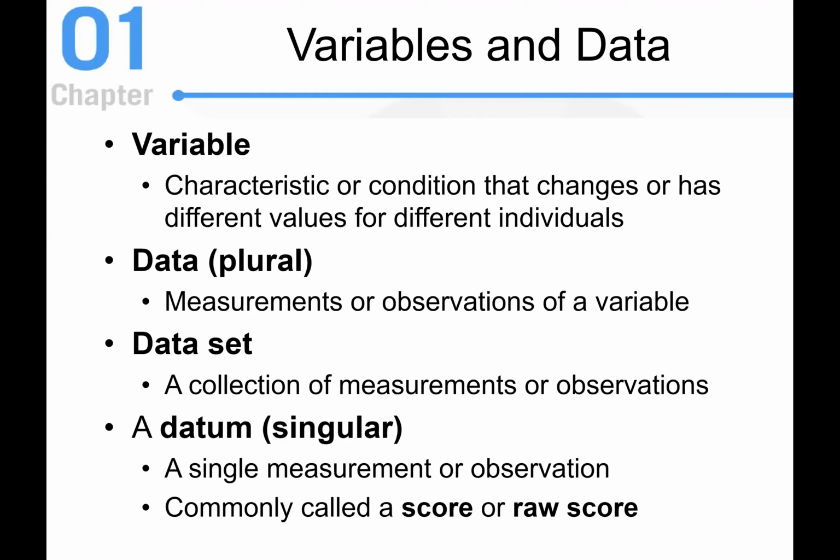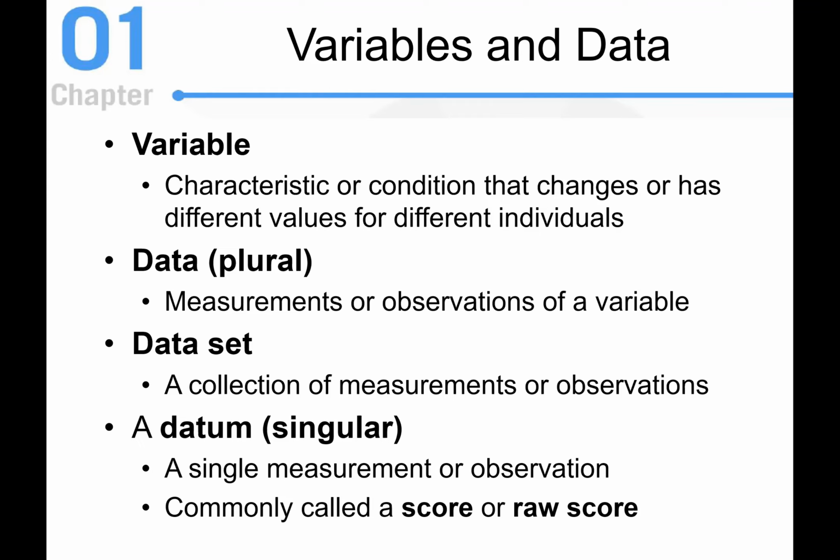So I measure their height, right? So let's say there's 30 people in the class, and I measure their height. All those height measurements would add up to what we would consider to be data. All right, it's a measurement or an observation of a singular variable.